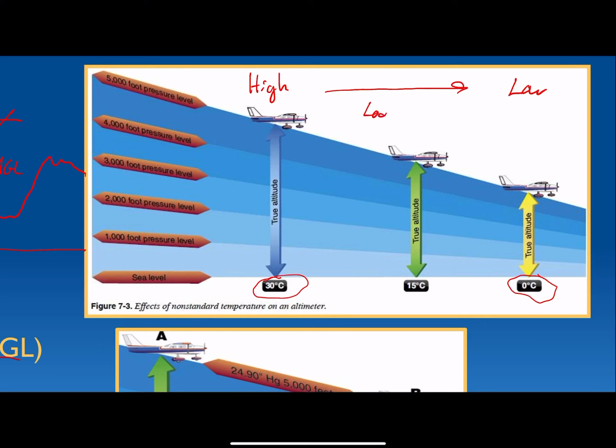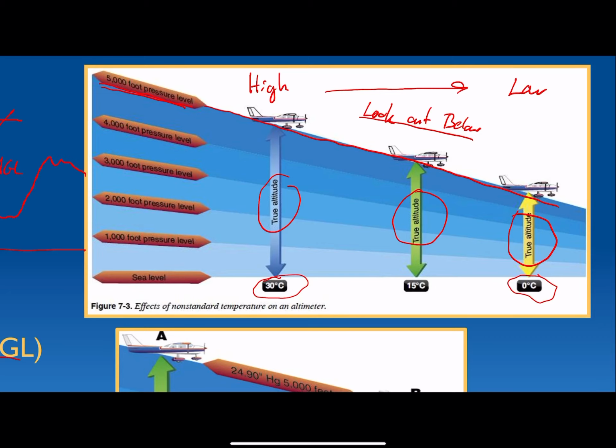We look out below. You'll notice the indicated altitude has stayed the same. This plane has maintained the same indicated altitude by following this downward sloping line, but their true altitude has changed. It has decreased. So that's why the saying goes, if you fly from high to low, look out below, because your true altitude is going to be decreasing, while in theory, your indicated altitude is going to stay the same.